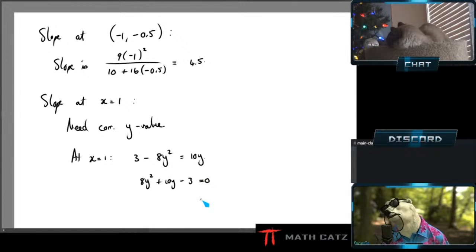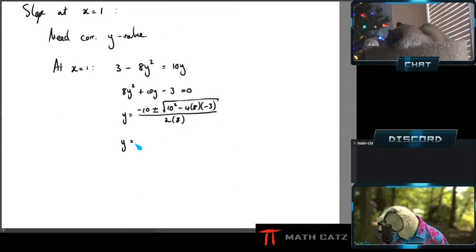And now I just have to solve for y. Quadratic formula: negative b plus or minus square root of b squared minus 4ac, c is negative 3, over 2 times a.